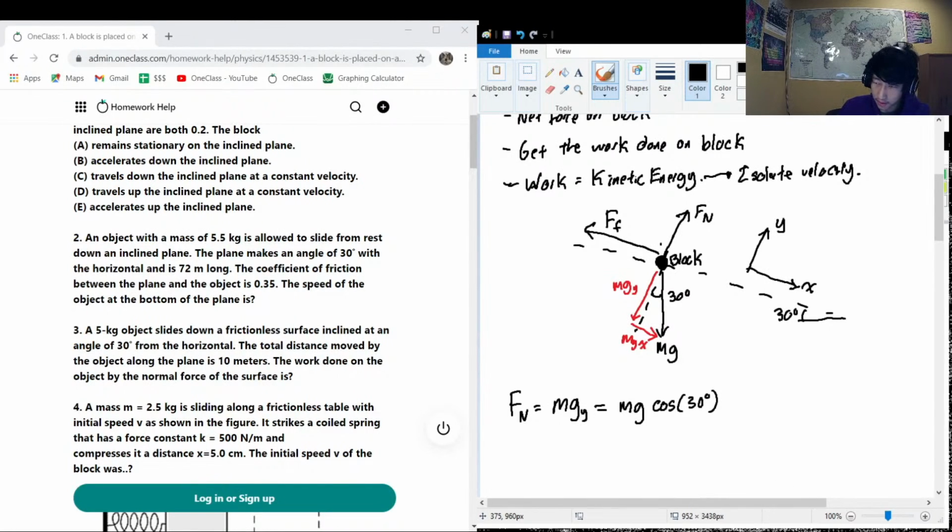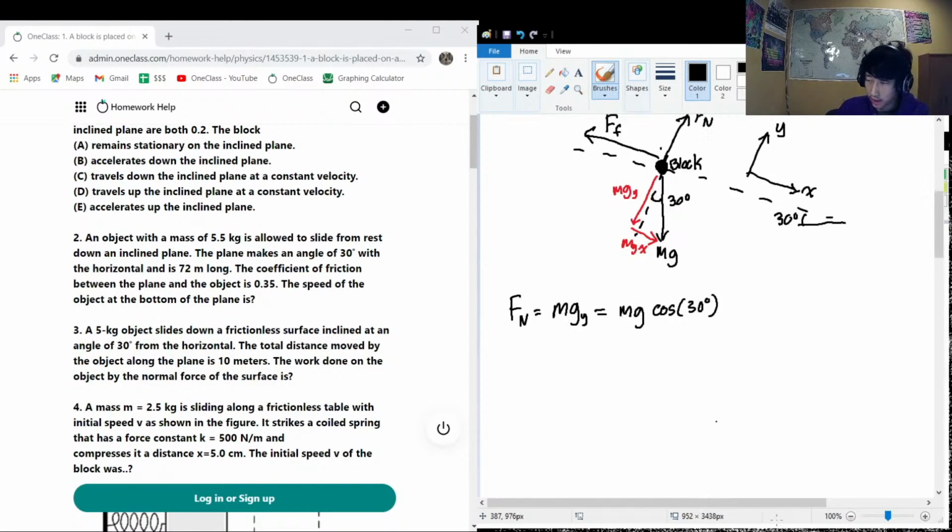Okay, seems reasonable. And we know what m and g are. m was given to us as 5.5 kilograms, and g is equal to 9.8 meters per second squared, times cos 30. Let's ask our calculator to get us the answer for that. 5.5 times 9.8 times cos 30 degrees.